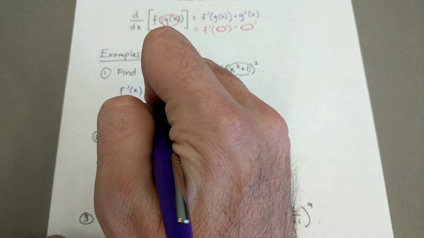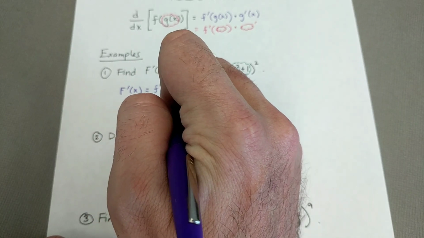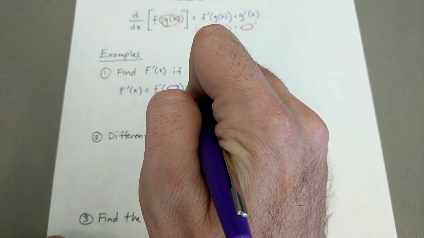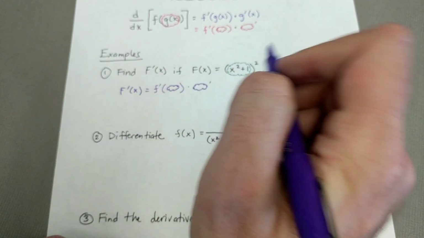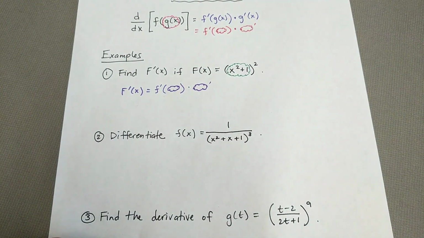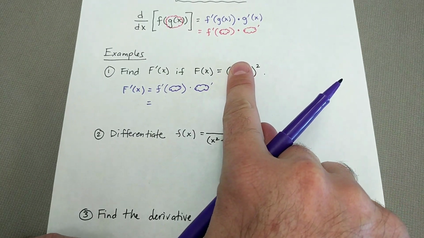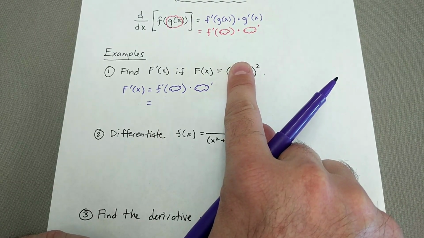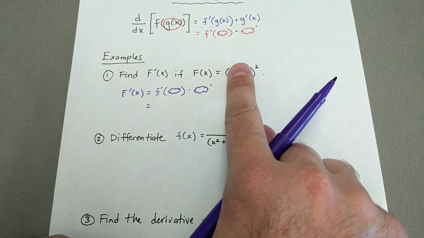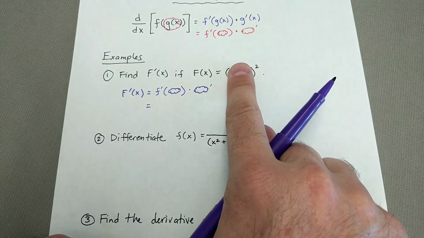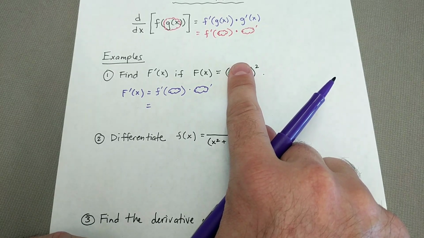So I might write something like f prime of blob times the derivative of the blob. Okay, so what does that mean here? Well, I'm going to ignore this and just focus on the outside function. It's something squared. So I want to know, what is the derivative of something squared? Well, that's going to be 2 times the something.